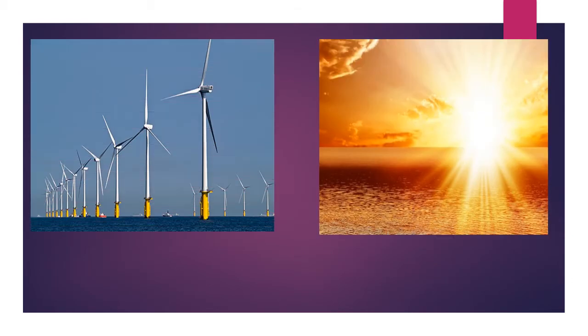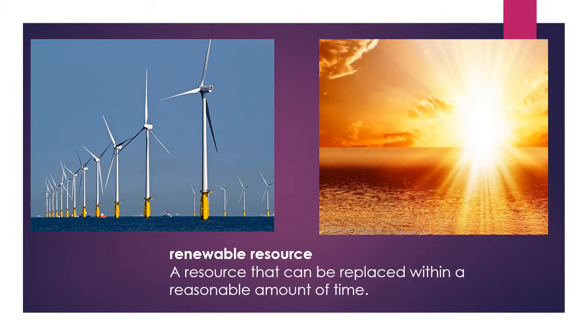Then we have another vocabulary, and that is renewable. You know, we talk about non-renewable. Non-renewable resources are those resources that cannot be replaced in a reasonable amount of time. That is, it can take billions of years. But we have another example. These 2 pictures are examples of renewable resources: wind and sunlight.